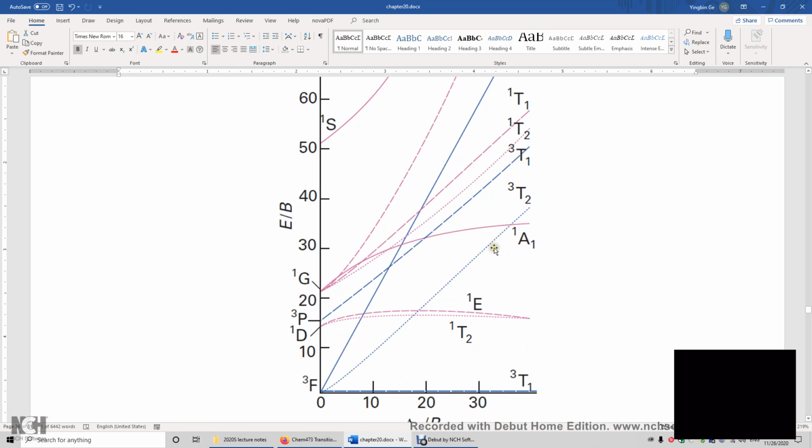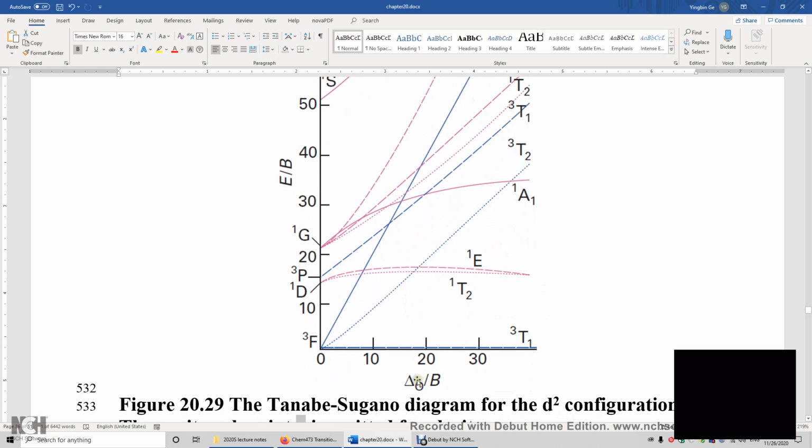Now, why is this useful? Again, we can just use this to make predictions. If we know delta O is 20 times B, this is pretty common. Because delta O is 20,000 wavenumbers, plus minus 10,000. This parameter B is roughly 1,000 wavenumbers, plus minus 300 or 400.